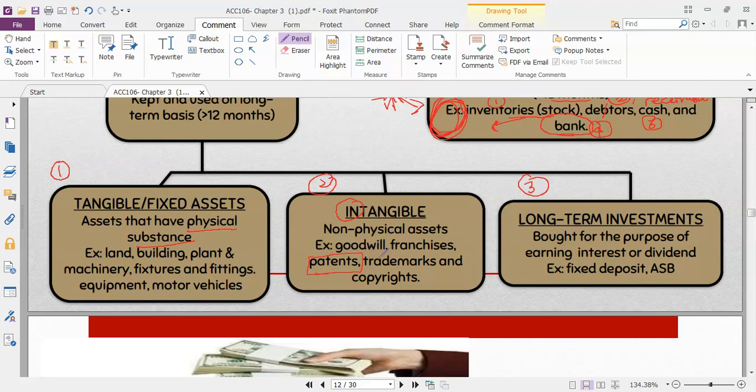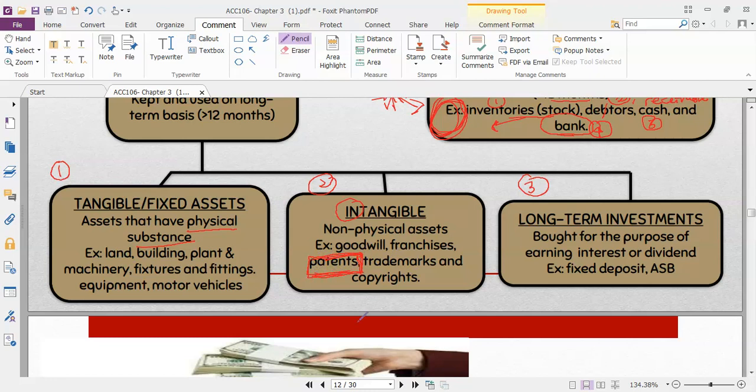Kalau kita produce sesuatu barang and then kita create that product by ourselves, dan kita tak nak orang tiru, dan tak nak orang gunakan nama yang sama dengan produk kita, so macam mana kita nak elakkan daripada orang lain tiru barang dan tiru nama produk syarikat kita adalah dengan patent dan copyright. Kita kena apply for patents and copyright. So that kalau ada orang yang tiru nama produk dan juga produk itself, dia akan dikenakan tindakan.